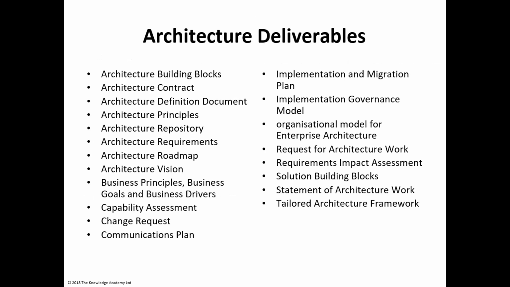All this architecture deliverable, like you said, artifacts can be deliverables: architecture contract, change request, communication plan, all that. Do we have any kind of cheat sheet mapping which phase has which deliverable?